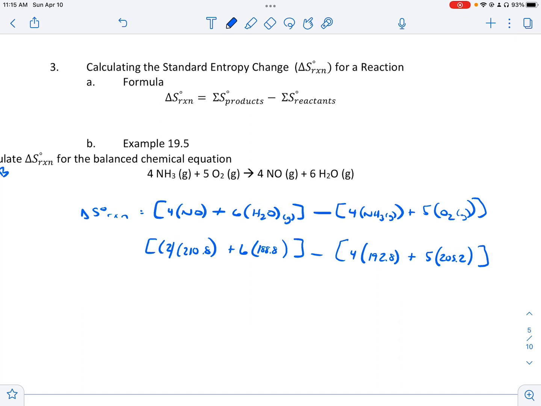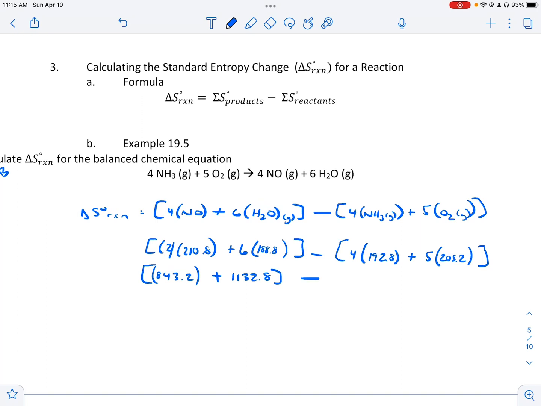We're going to take 4 times 210.8, which gives us 843.2. Let's make our brackets more like parentheses. We add 6 times 188.8, and we get 1132.8.